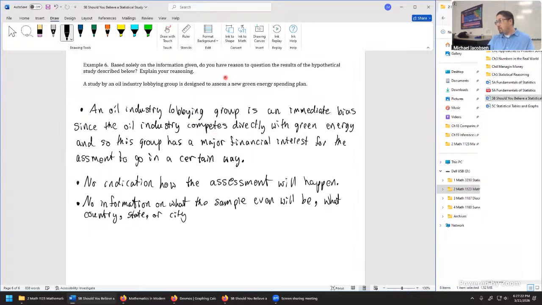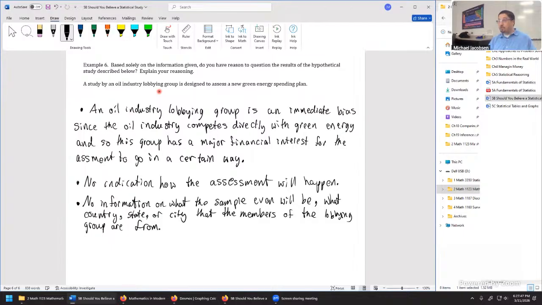or city. If I think we're thinking in terms of the lobbyist group themselves, that the members of the lobbying group are from.